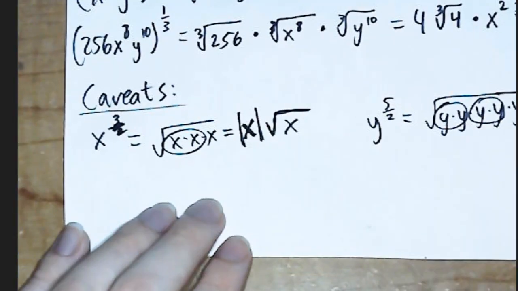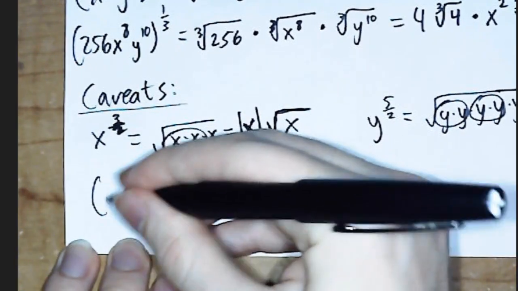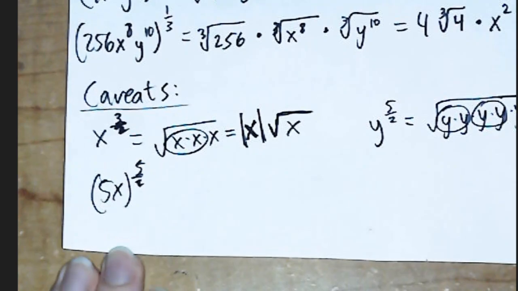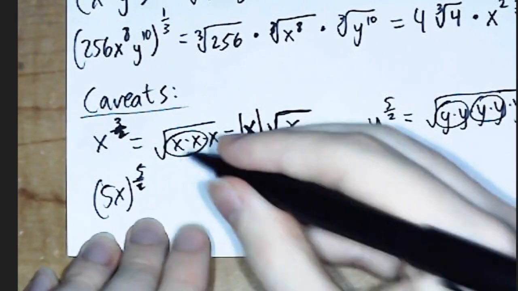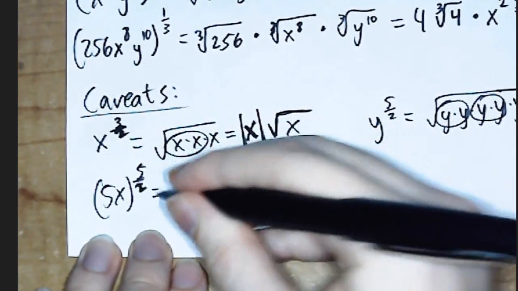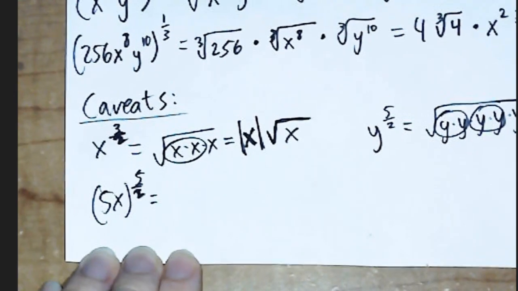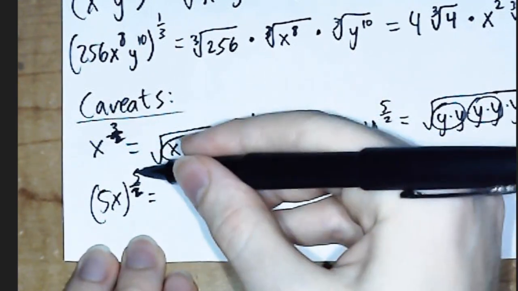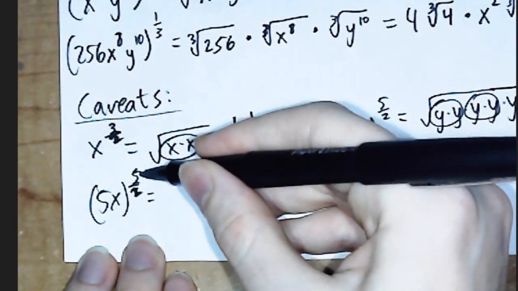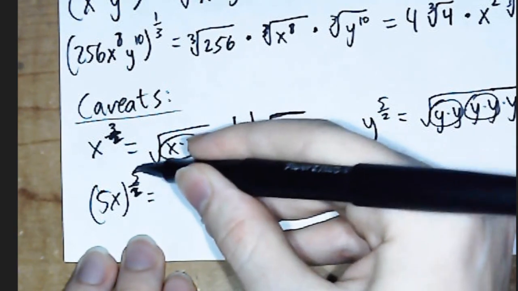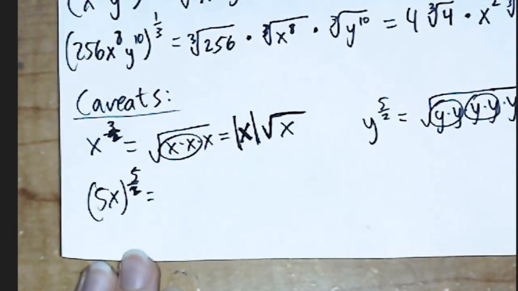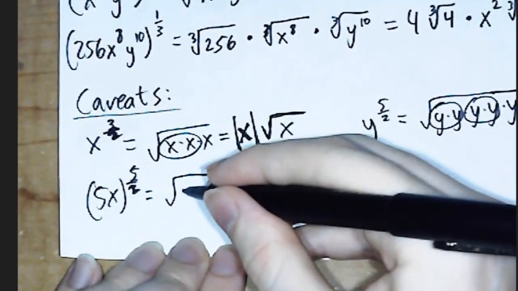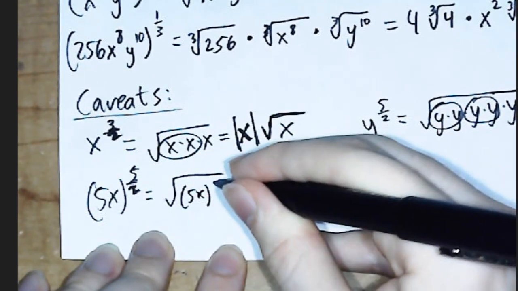Alright, next we have 5x to the 5 halves is our next one. Now here's the thing. When we write this, and we have a monomial term here, and the exponent that's going to be underneath isn't 1, we need to be very careful, because this is going to be the square root of 5x to the 5th.